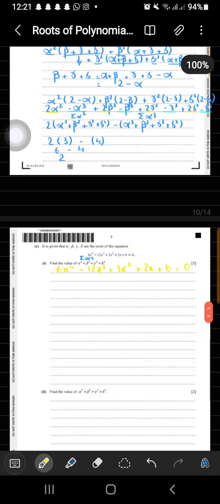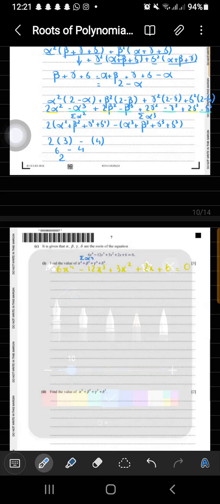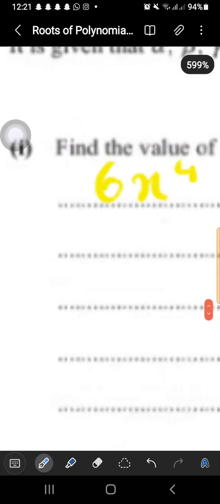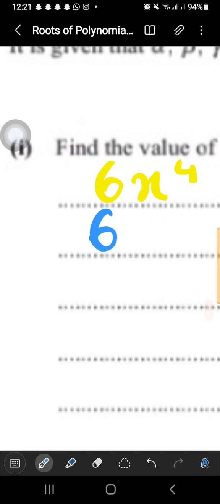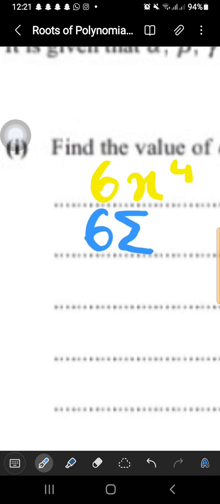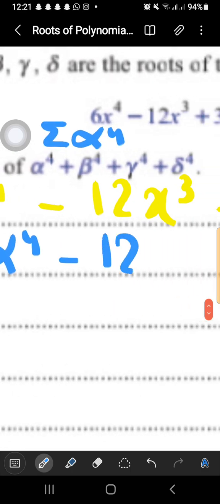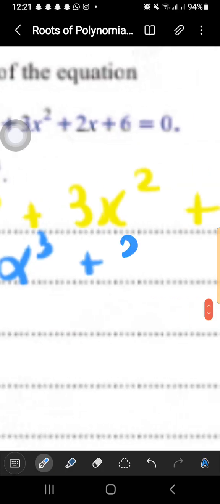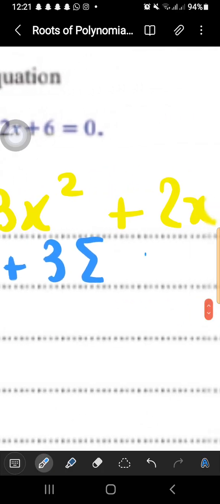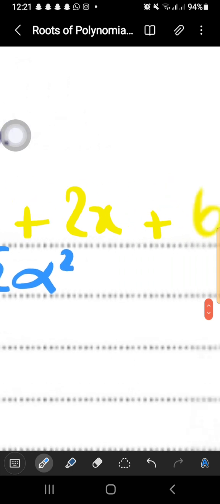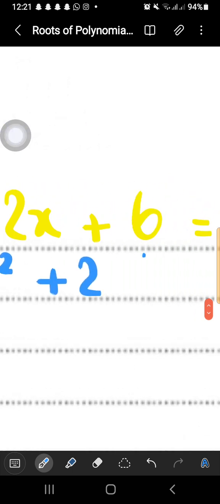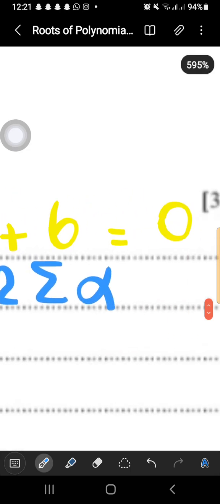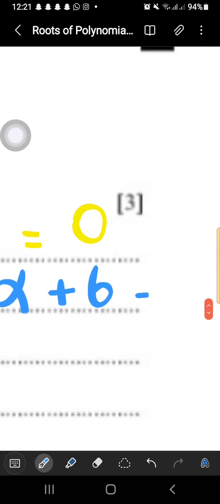Got it? Now see what I am doing. 6 replaced x power 4 with summation of alpha power 4. Then negative 12 replace x cube with summation of alpha cube. Then plus 3 replace x square with summation of alpha square. Then plus 2 replace x with summation of alpha, and then plus 6 is equal to 0.